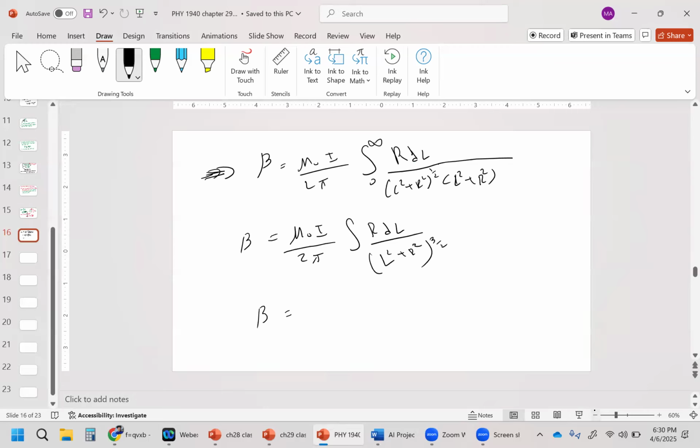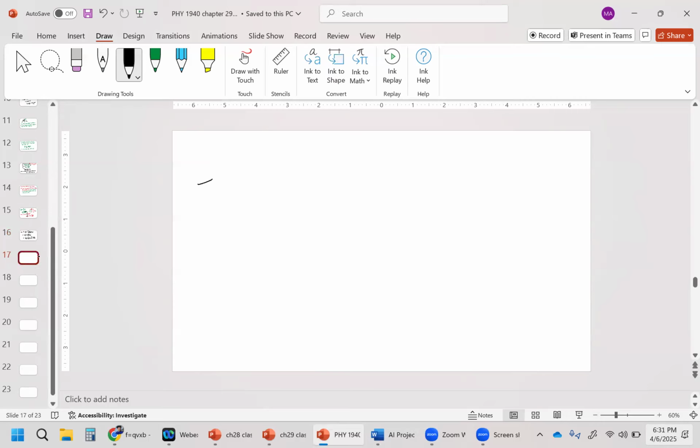Which means that the magnetic field is going to equal mu naught I over 2 pi R times L over L squared plus R squared to the 1/2 from 0 to infinity, and this is going to equal mu naught I over 2 pi R. So your magnetic field is going to equal mu naught I over 2 pi R.